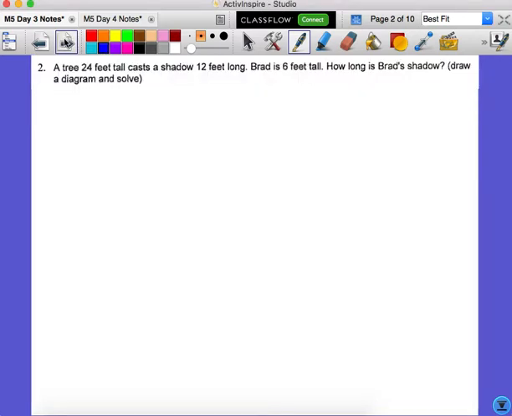Another example we can do is using the shadow that something creates at a specific time of day. Depending on how artistic you are, you may want to make this super pretty, or you may just want to make it as basic as possible. However, we've got this tree casting a shadow, and we have Brad who's casting a shadow.